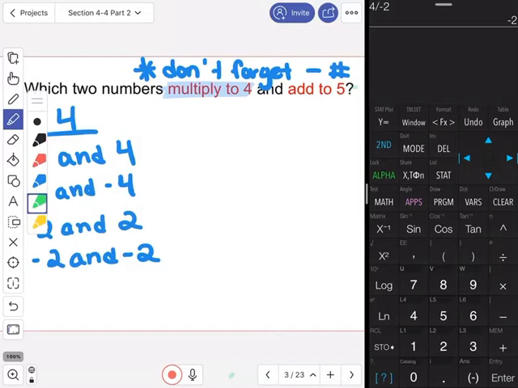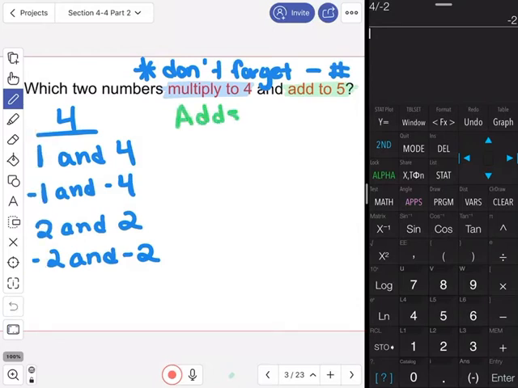The next part of the question asks us to check which set adds to 5. So if I'm listing them, you want to see which set adds to 5. So if I were to check 1 plus 4, if I just add all the numbers, it gives you 5.